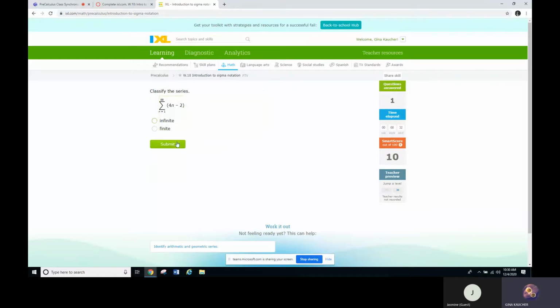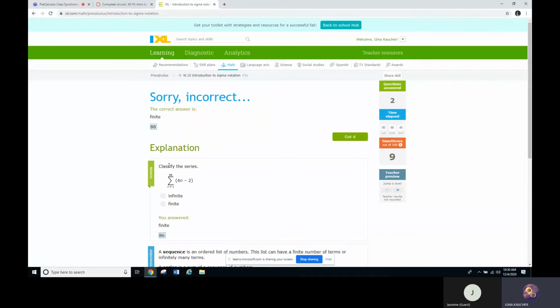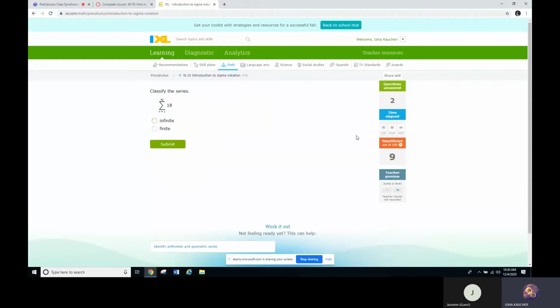Okay, classify this. That's finite. How many terms? That's 86, I think. Very tiny. Oh, it said 88. I couldn't see it. Okay, this is 42. I can see that one. Finite, goes from 1 to 70, so there are 70 terms.